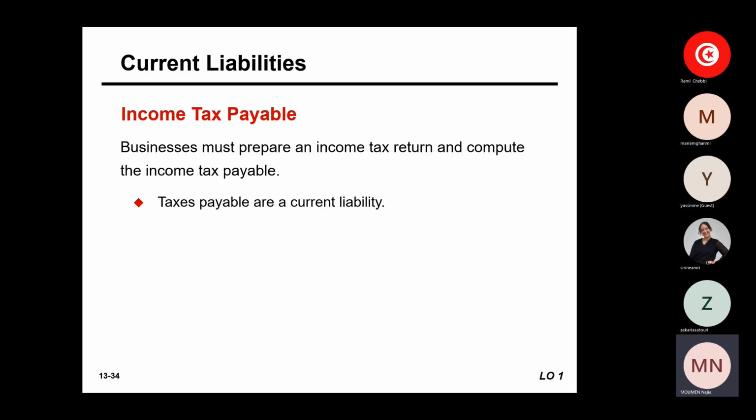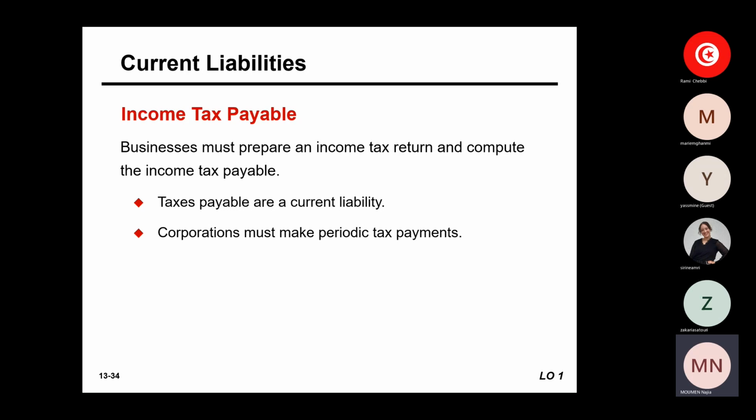Because there is a difference between the way of measuring the pre-tax financial income, taking into consideration the IFRS standards, and the tax rules. That's why income tax payable will always be measured based on this income tax return report. Once we are able to measure this income tax payable amount, it will be reported as a current liability.